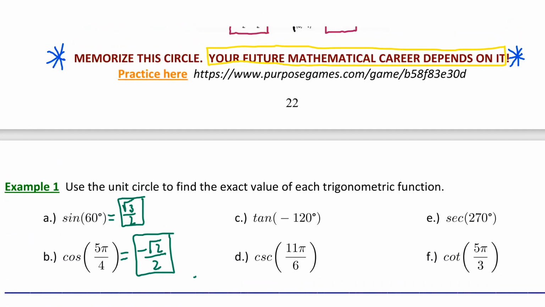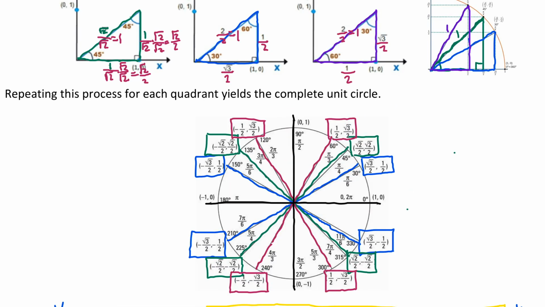Tangent of negative 120. Now remember, positive 120 is this distance, so 30 degrees past the 90 degree mark. But I want to go negative 120, so I'm going to rotate that same distance in the negative direction. Now we need to calculate tangent of negative 120.